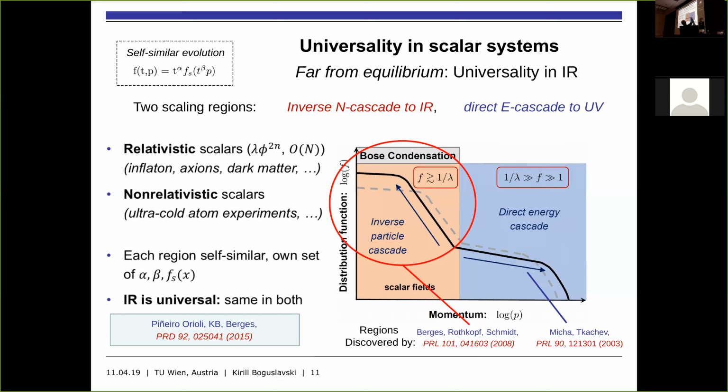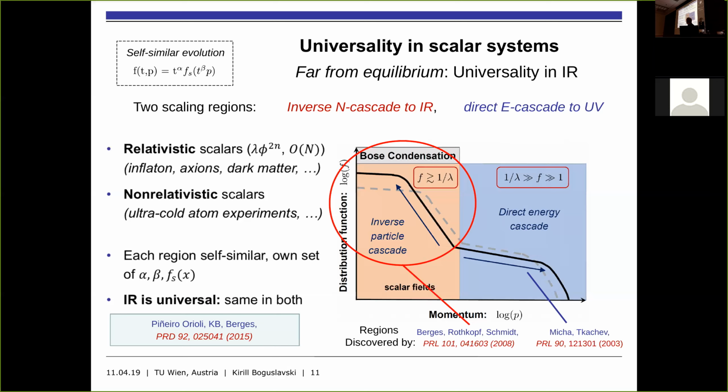Now, the region between those two parts, between the particle number and the energy cascade, is driven by the inverse coupling. So all of that is perturbative in the sense of perturbative kinetic theory, while all of that is very non-perturbative.